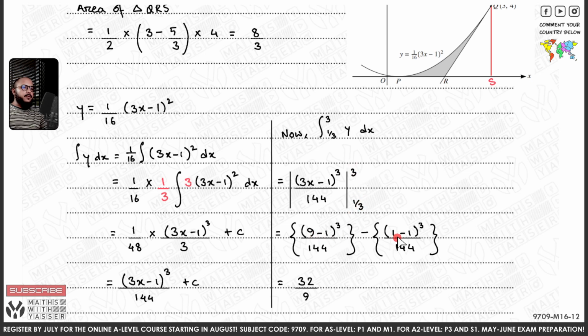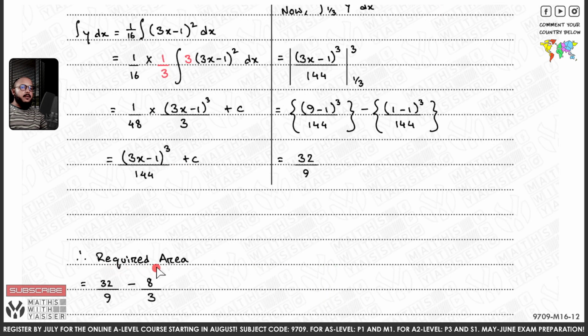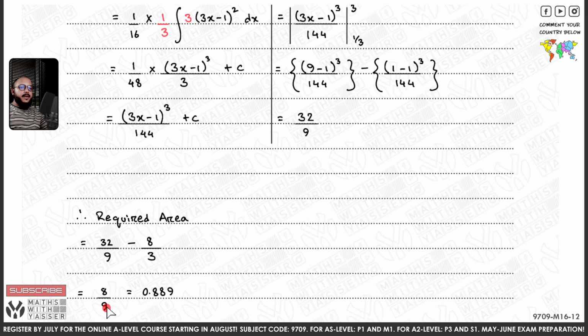Substituting these two values, 3 and 1/3, we get 32 over 9. Then the required area must be 32 over 9 minus 8 over 3, which was the area of the triangle. That gives us 8 over 9, and now we can write it in 3 significant figures, which is 0.889.